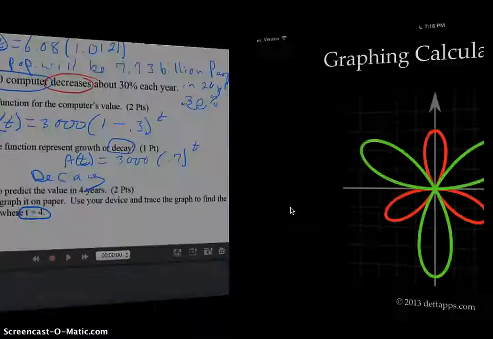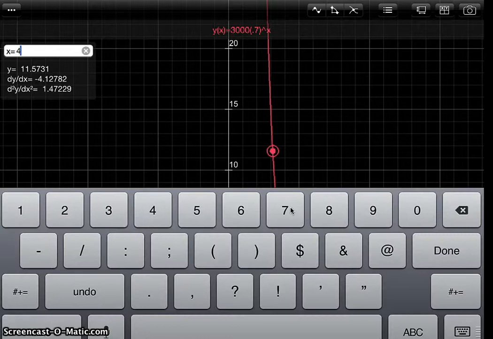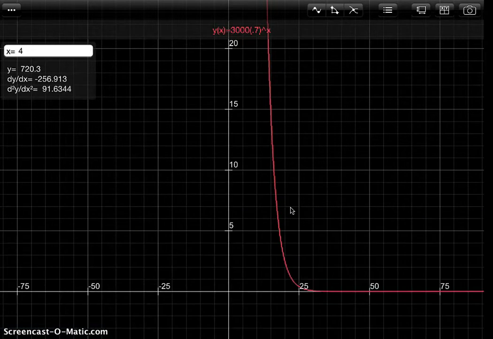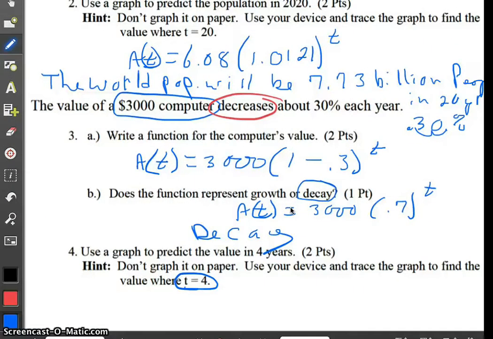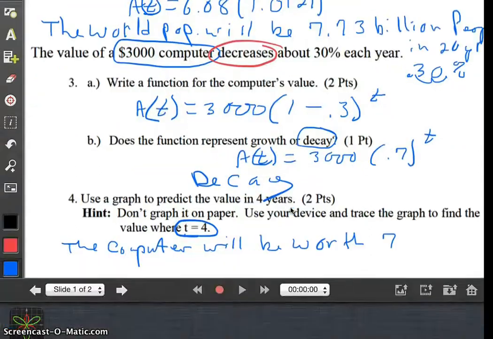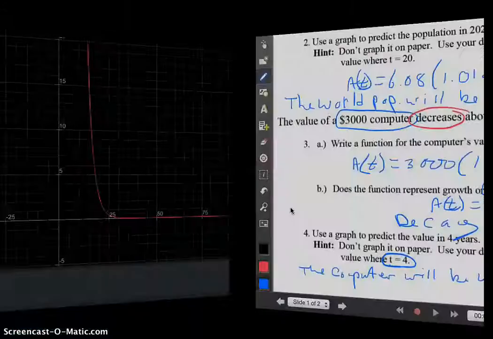So let's go back to here, and I'm going to enter a 4 right there, and it tells me it's going to be $720.30. So let's go back here, and I'm going to write: the computer will be worth, and let's see, what did it say again? $720.30.